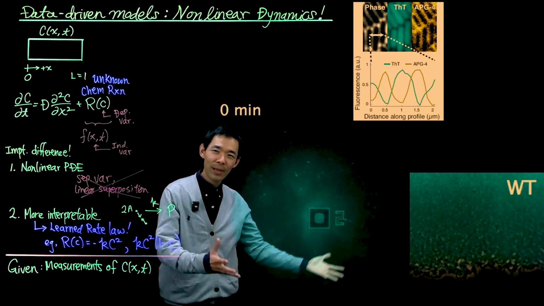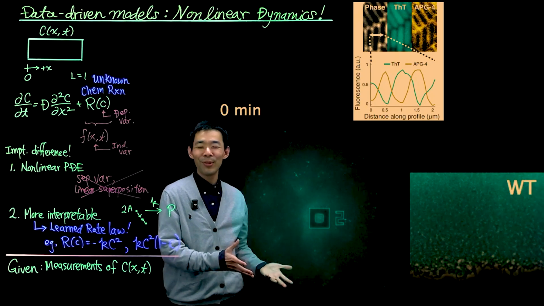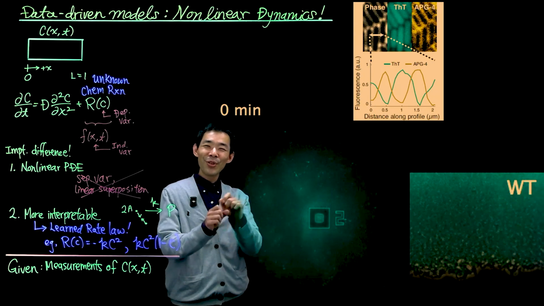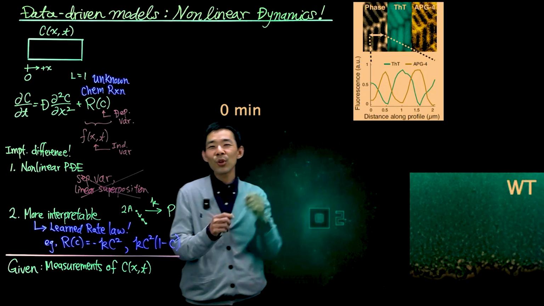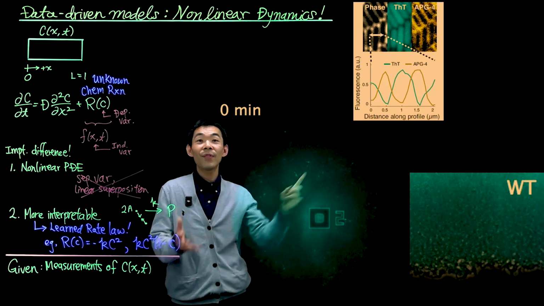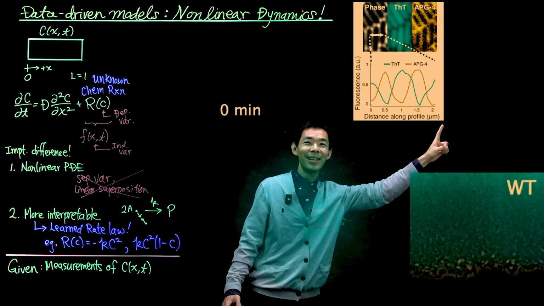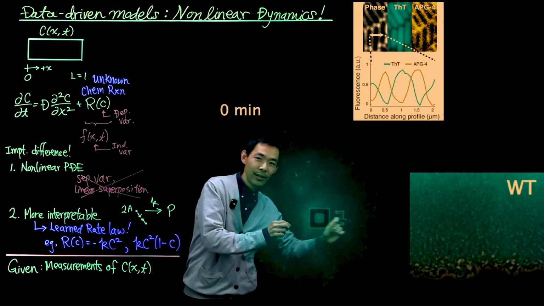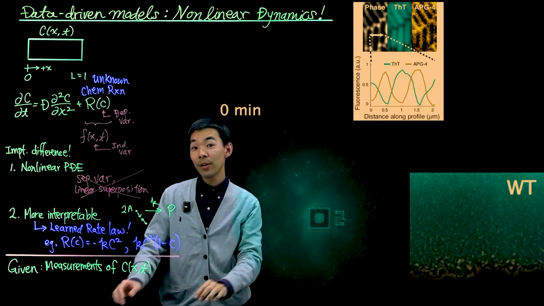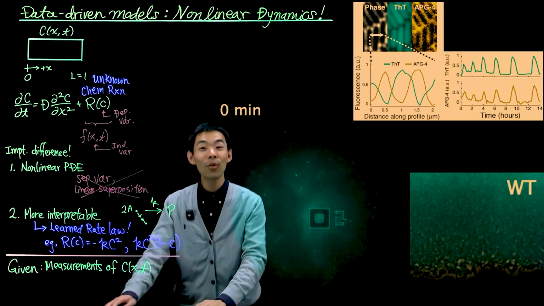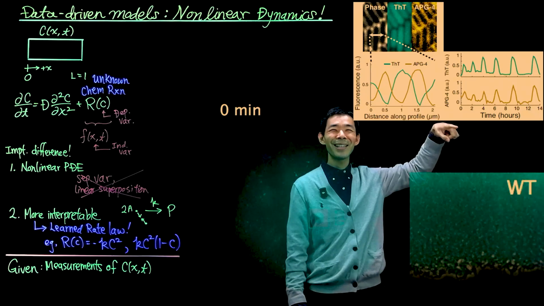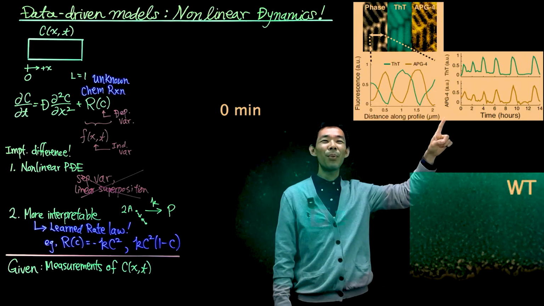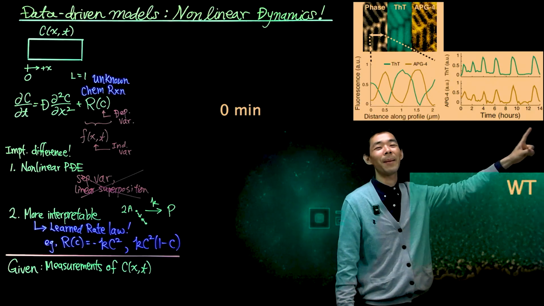Through microscopy, this optical microscopy using fluorescence, you can directly measure the fluorescence intensity of a certain chemical species as a function of position along this colony. And you can also get very good temporal resolution. So here's the concentration of some chemical species, the potassium reporter, as a function of time.